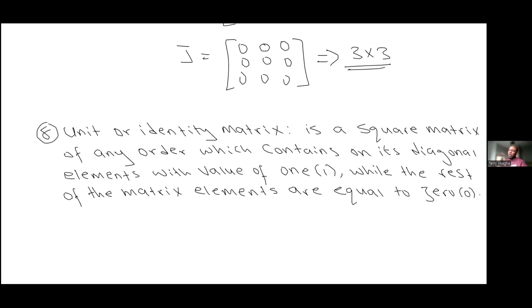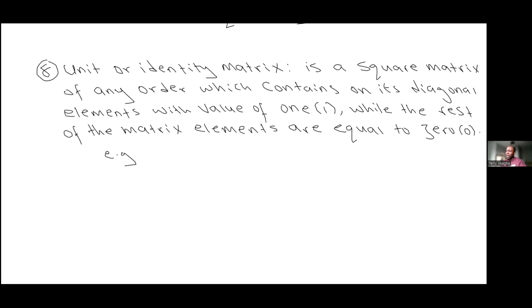Okay, so for example, what I'm saying is, let's say you have R, a particular matrix: 1, 0, 0, 1.